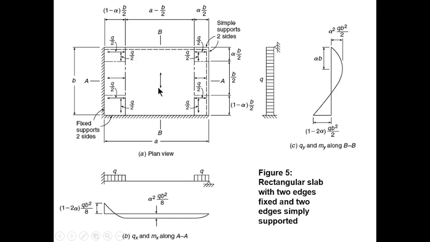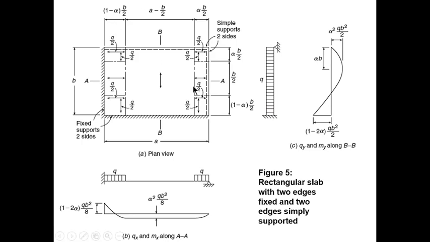Now let's look at the dimensioning. If you look at the dimensioning in the short span direction, the middle portion is still B over 2, like we had in a rectangular slab.